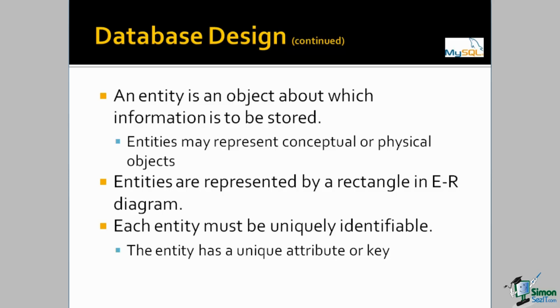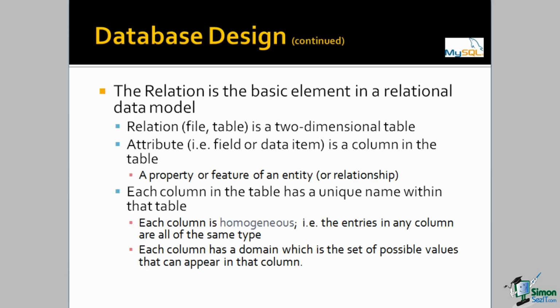The important thing to remember about an entity is that every entity must be uniquely identifiable. That is, it must have a unique attribute or set of attributes to be used as a key to identify that entity.